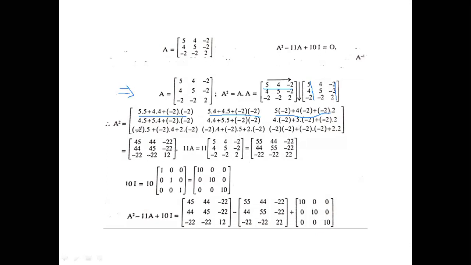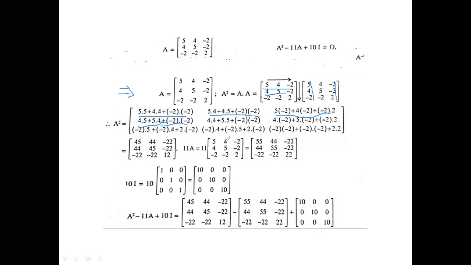Now, for example, suppose we have to find this element of the A square matrix. So we have to multiply the second row with the first column: 4 multiplied with 5 plus 5 multiplied with 4 plus minus 2 multiplied with minus 2. So we get this element.